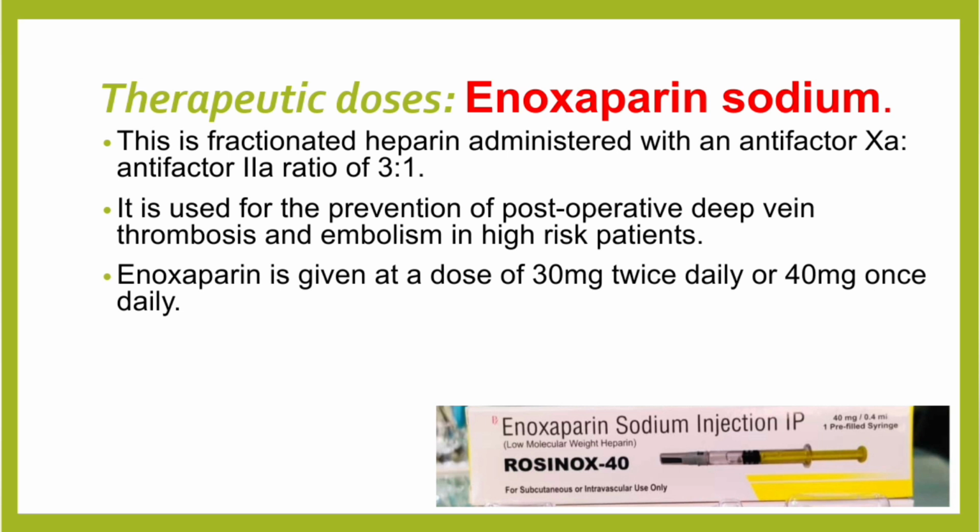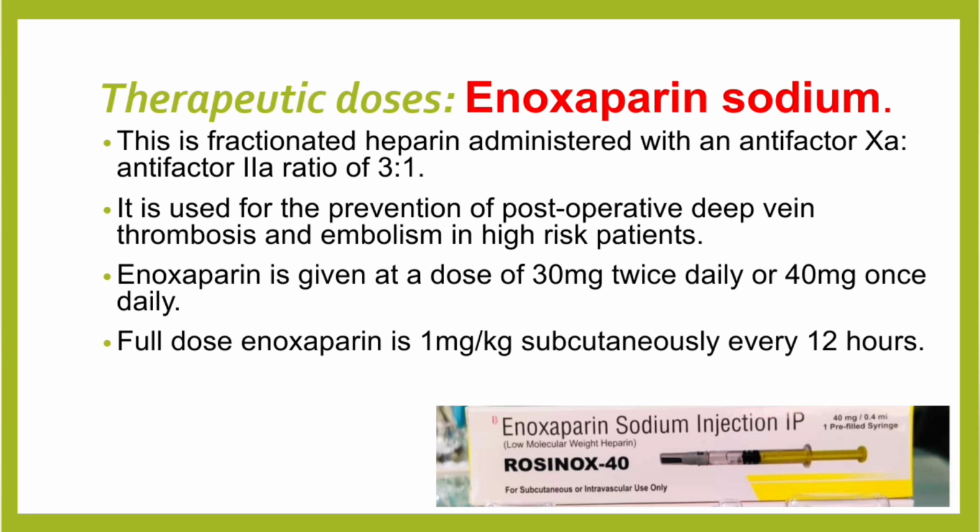Enoxaparin is given at a dose of 30 milligrams twice daily or 40 milligrams once daily. Full dose enoxaparin is 1 milligram per kg subcutaneously every 12 hours.